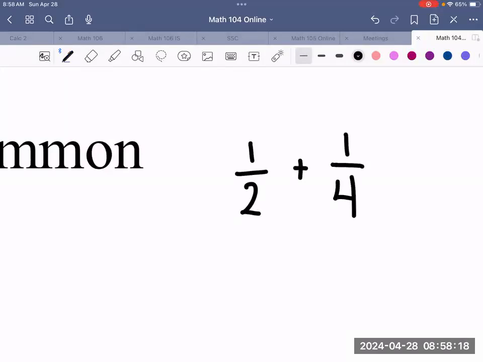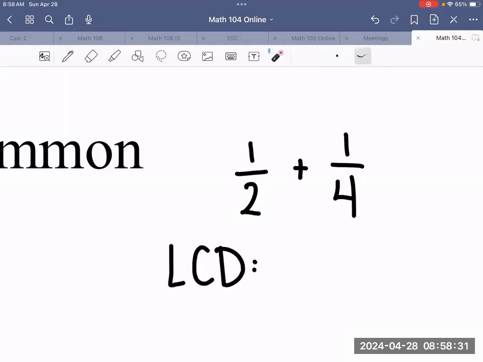Your least common denominator says, find the smallest number that they have in common. Can 2 go easily into 4? Yes. Since 4 is itself the least common denominator between the two, it would be 4.